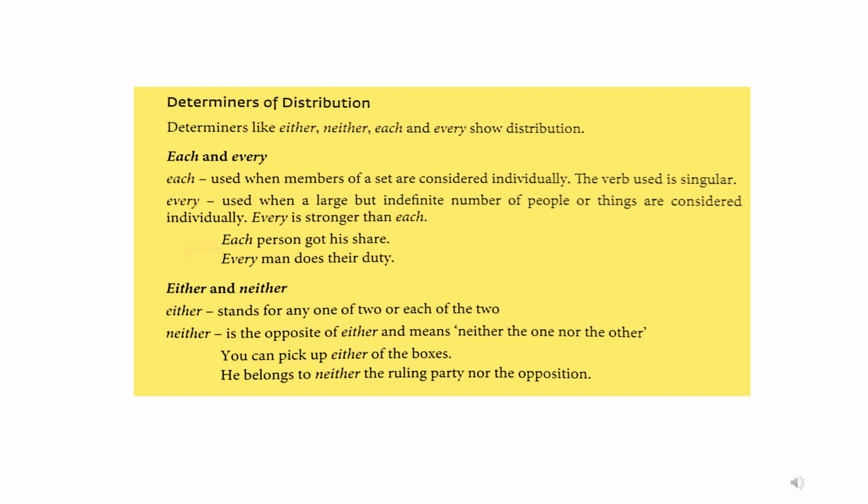Each and every. Each we use when members of a set are considered individually. The verb used is singular. If there is a group of members and we have to consider them individually, we can use each before the noun. The verb which follows each is always a singular one.